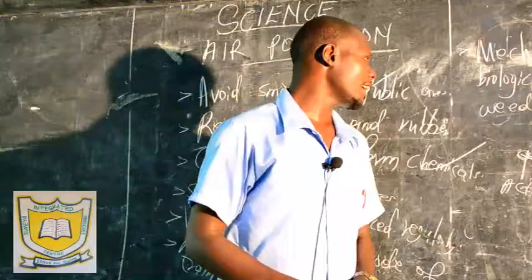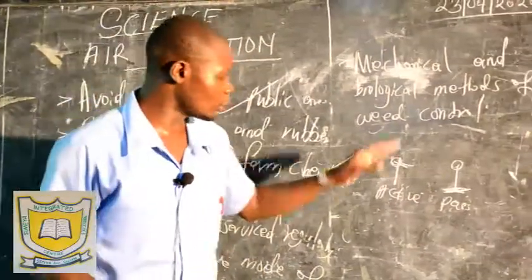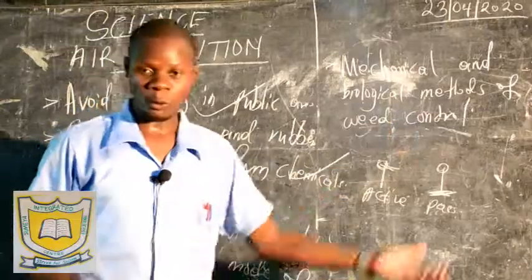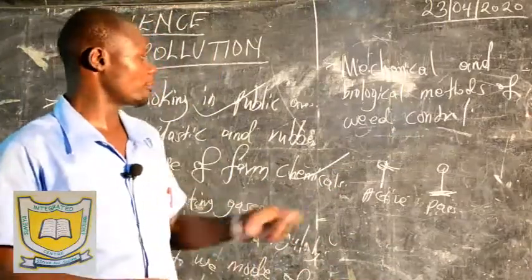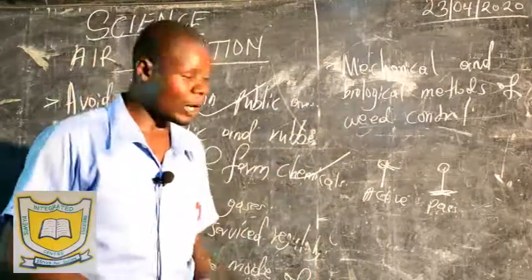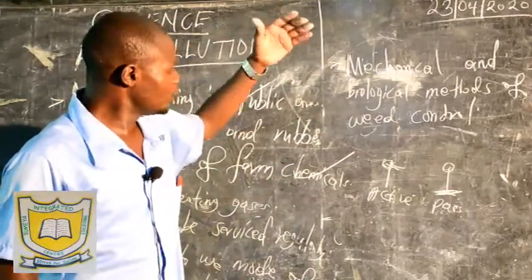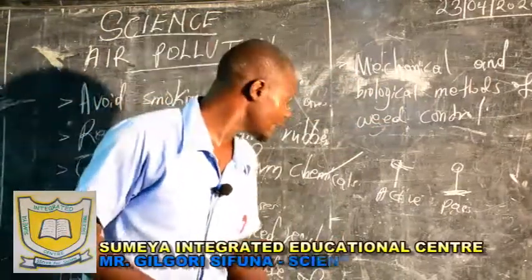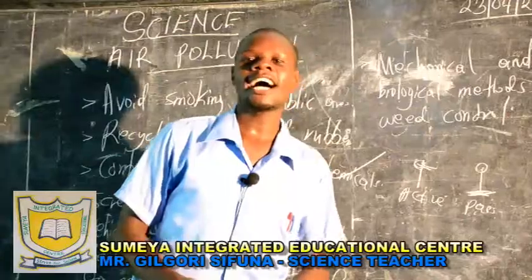Lastly, we also have mechanical and biological ways of controlling weeds. You can advise people to use scarecrows and also uprooting. Instead of applying chemicals, you can dig them out, you can uproot them, you can use several mechanical and biological methods of controlling weeds instead of using chemicals.